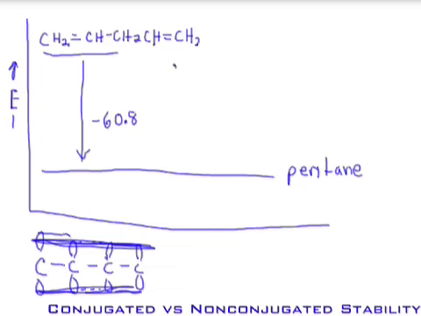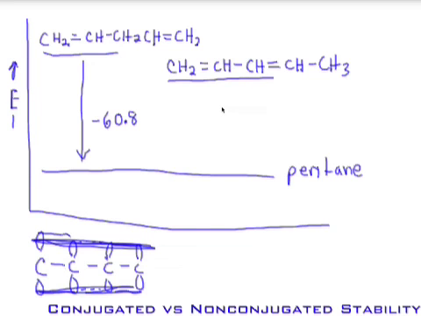Now try and do it for a conjugated double bond that will also give pentane. If we hydrogenate 1,3-pentadiene instead, and add 2 H2 molecules, completely hydrogenated, you'll get pentane. But the energy released this time is only 54.1, and it's negative because the energy is released.